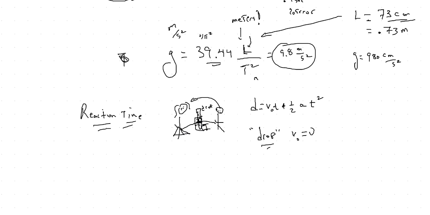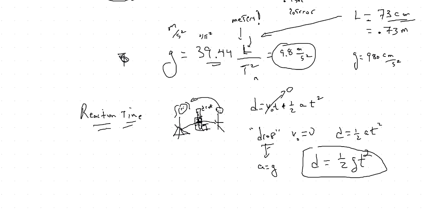That means the distance is equal to, this term goes out because V0 is 0, just 1/2 the acceleration times t squared. But if we drop it, the acceleration is just g. So the distance it's going to travel is 1/2 g t squared.